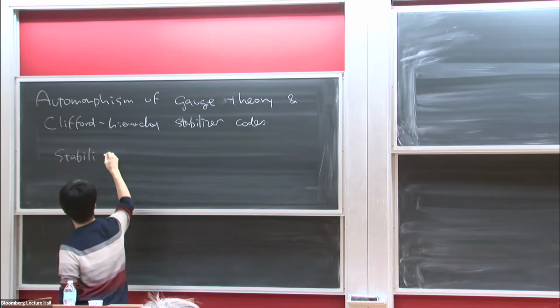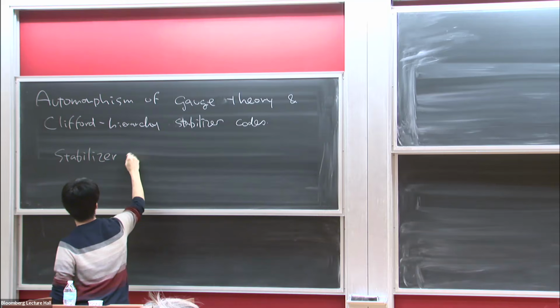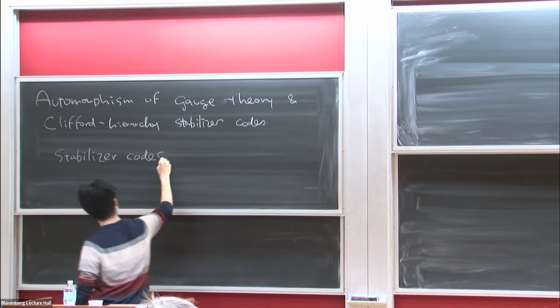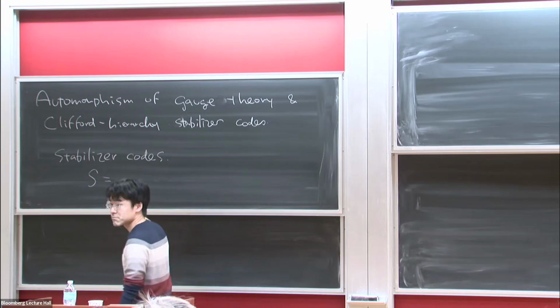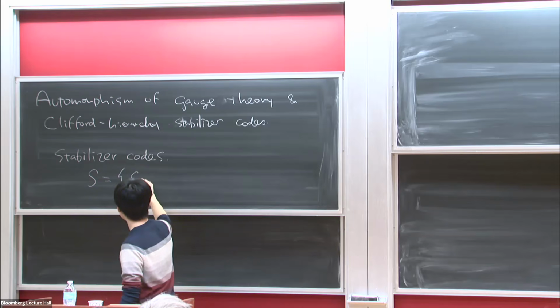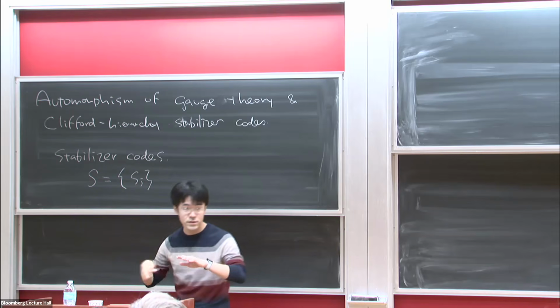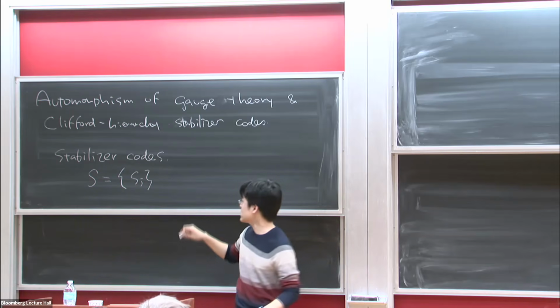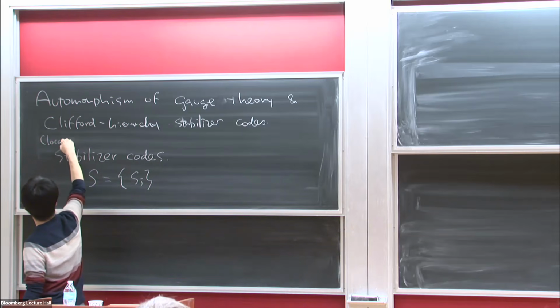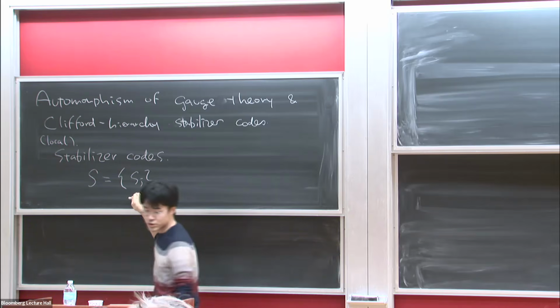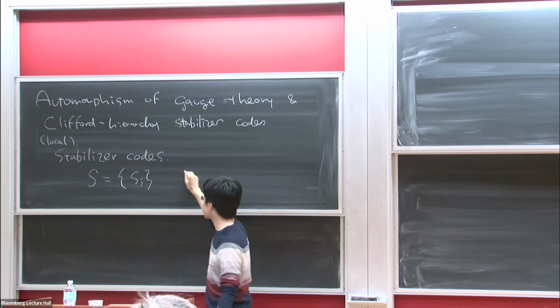I'm interested in stabilizer codes or stabilizer models. The definition is very simple. You have a bunch of unitary operators in qubit systems. I'm interested in local qubit systems, or we could add an adjective, local stabilizers.